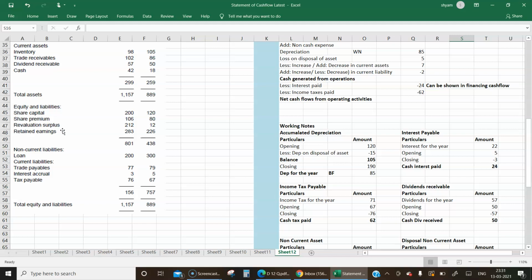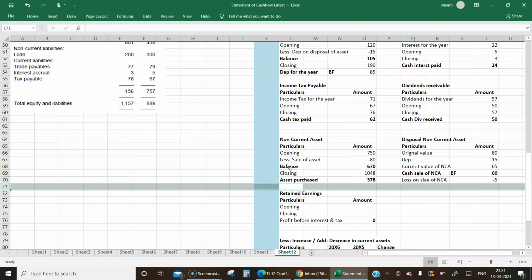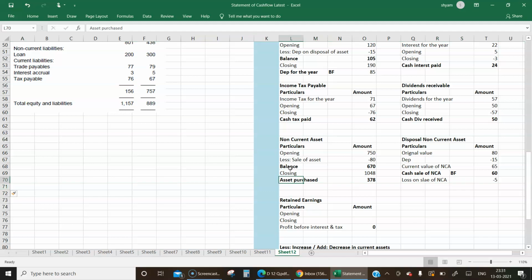Two more items are there. We have revaluation surplus. What is revaluation surplus? The increase in the worth of an asset. So we'll go to the non-current asset. Opening was 750. Some asset has been sold, and we have to add one more item here. That item is revaluation, so add revaluation.